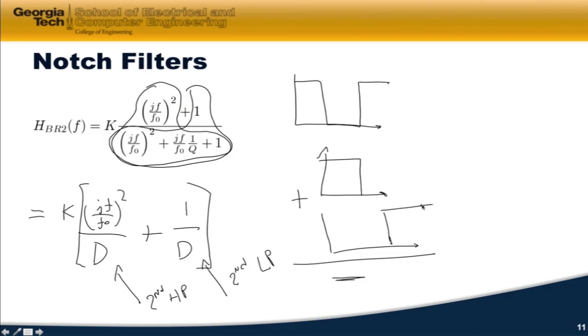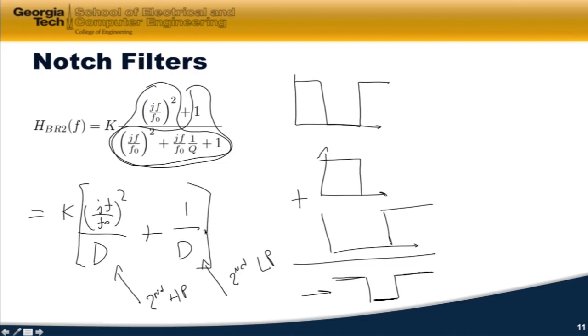In this region here, we have 1 plus 0 is equal to 1. And in this region here, we have 0 plus 0 is equal to 0. So overall, the sum of these two Bode magnitude plots gives us a Bode magnitude plot that looks like this, that of a notch filter.